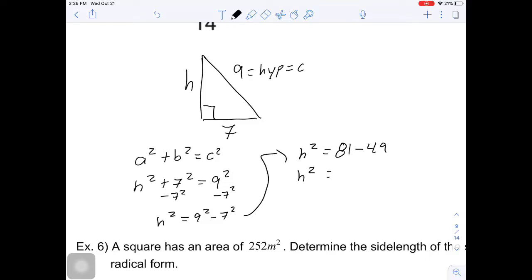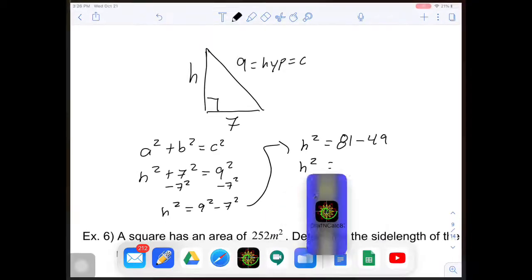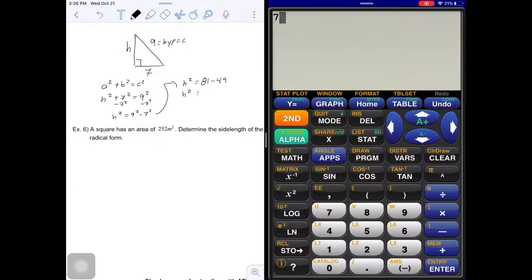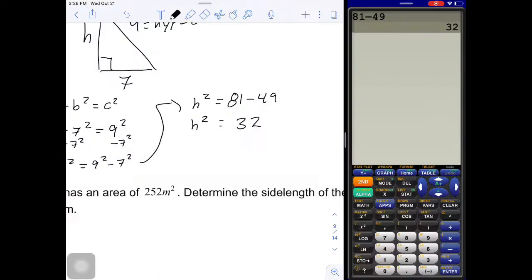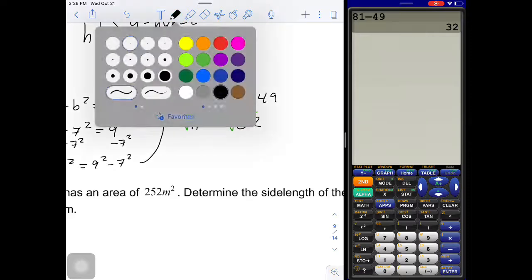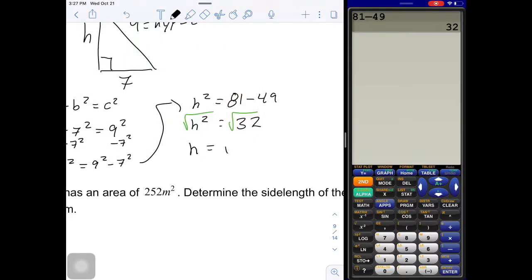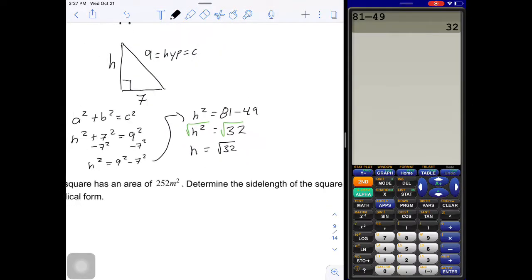Okay, now let's maybe pull out our calculator here. So 81 minus 49 gives me 32. And now I need to square root this. So let's square root both sides, and we will get h equaling the square root of 32.